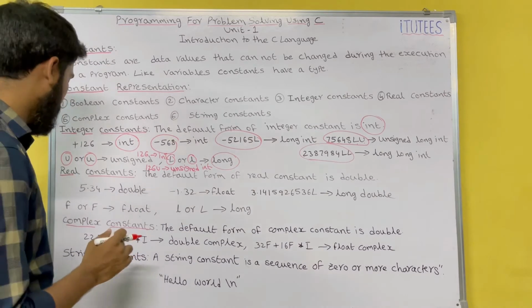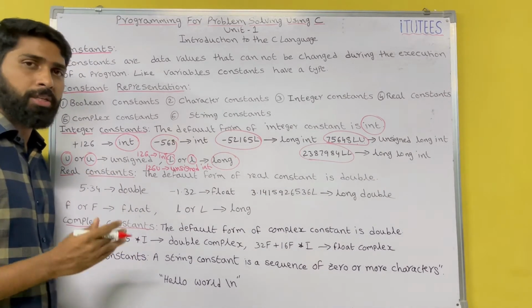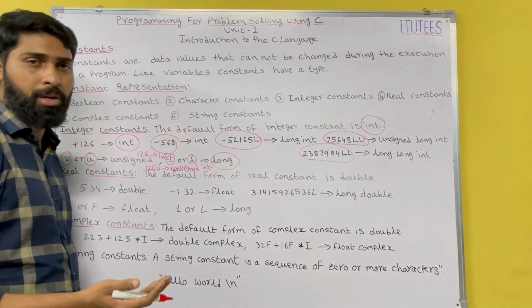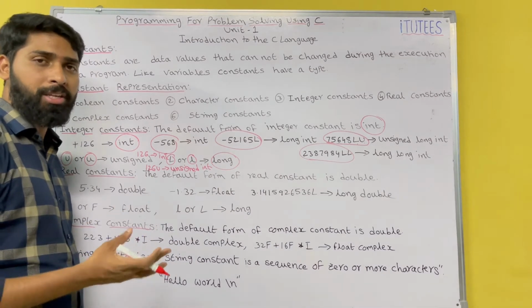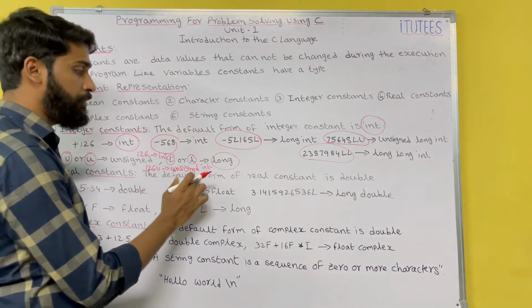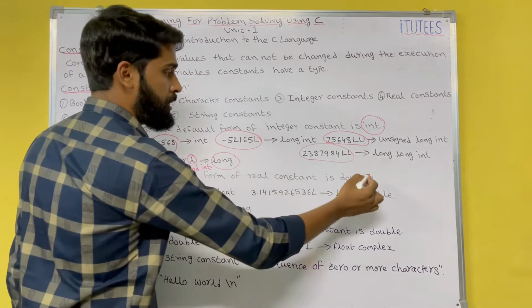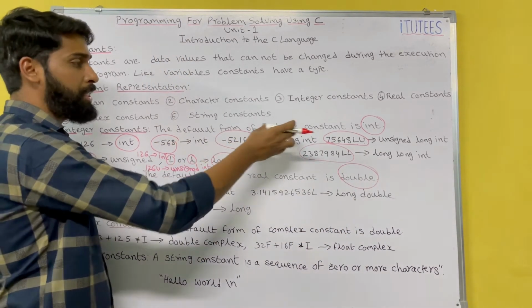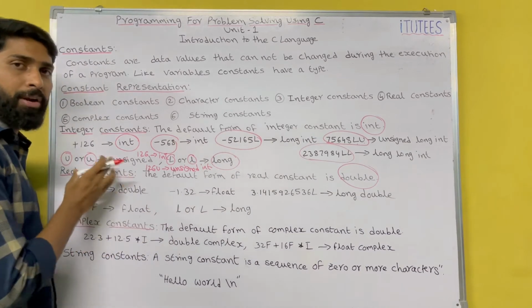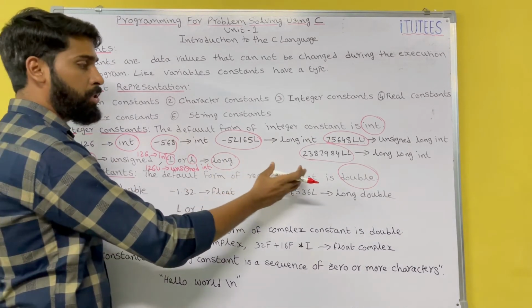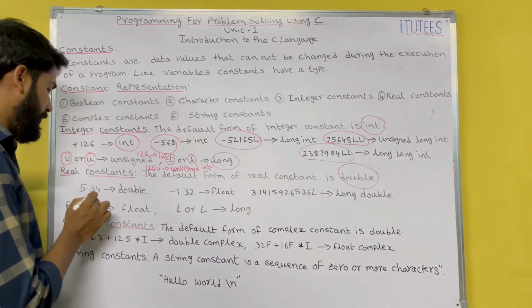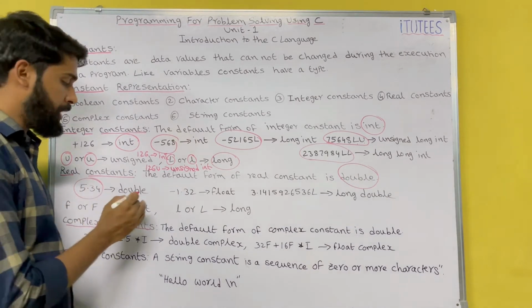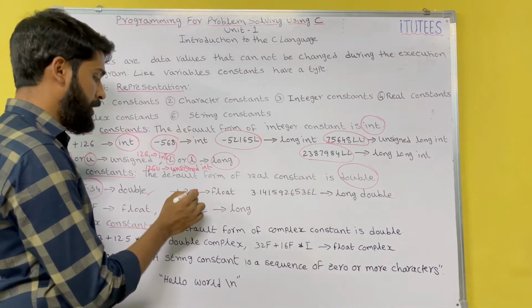That's it. Next one, real constant. That means the constant has a fraction part; those numbers are called real constants. The default form of real constants is double. For integer constants, the default is int. Similarly, for real numbers, the default constant is double. So 5.34 is a double.